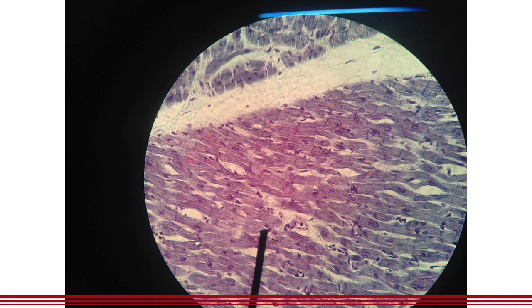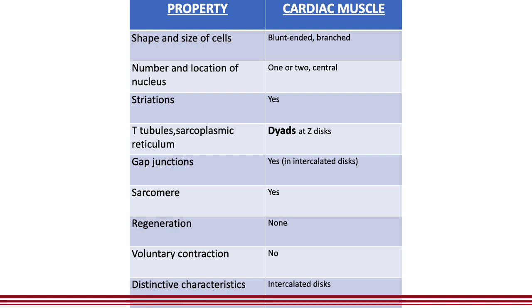Okay? So these properties allow cardiac muscle to function as a highly specialized and efficient tissue for pumping blood throughout the body. Again, here's a summary of the characteristics of cardiac muscle.